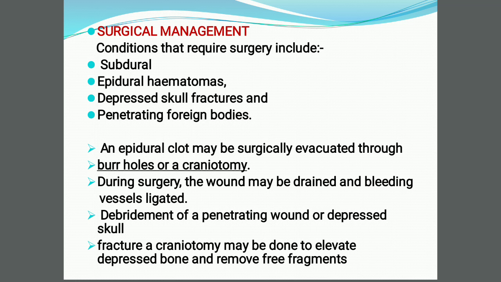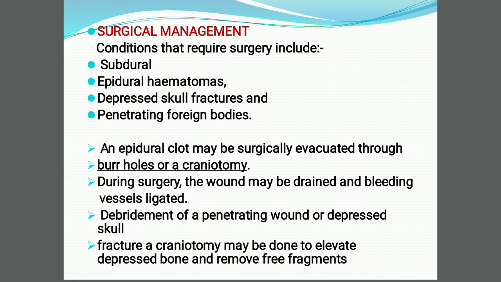Next, that is craniotomy. In craniotomy, mainly the surgical removal of parts of the bone from the skull, the bone flap, what we call, is removed. It is removed temporarily and then it can be replaced back after the brain injury.